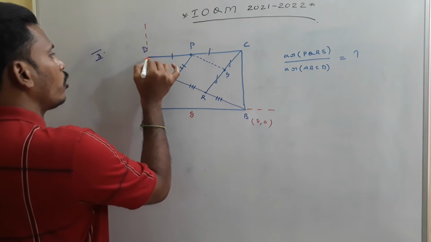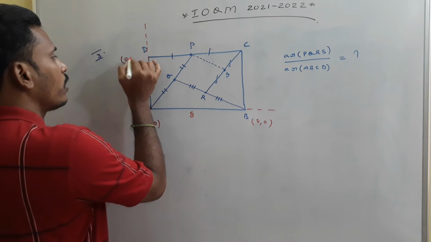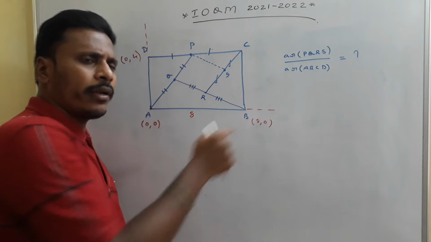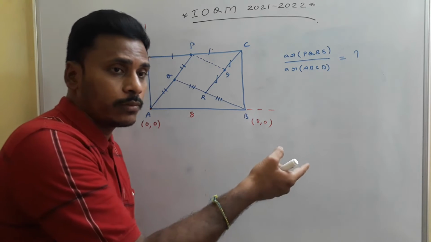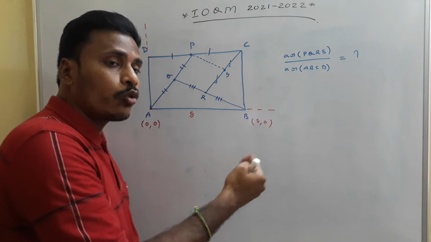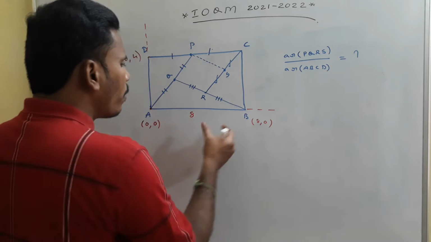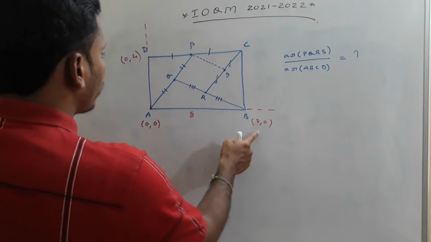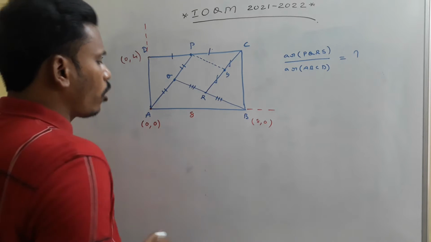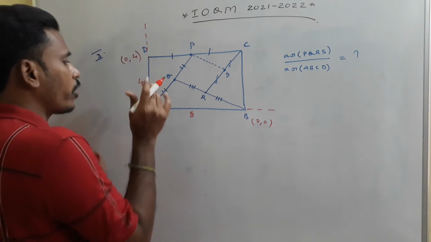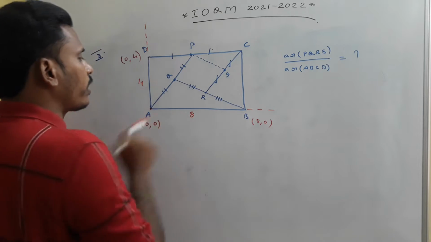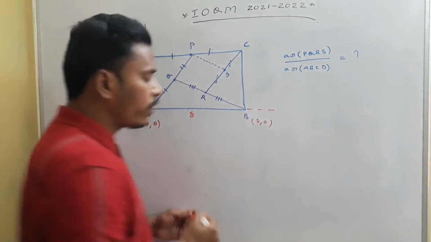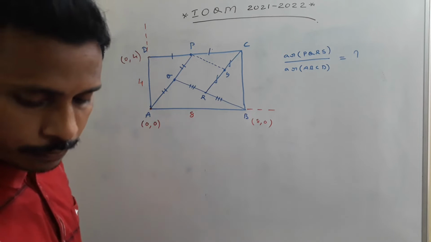This is (8,0) and this point is (0,4). You can take any value, even 1, but midpoints involve 1/2 and 1/4, so we take 8. This is (0,4), this is (0,0); this is my initial assumption. So the length of the rectangle is 8, breadth is 4, and so the denominator, which is the area of the rectangle ABCD, is 32.